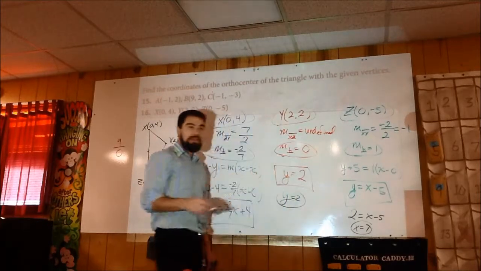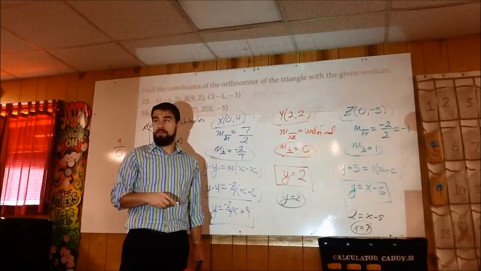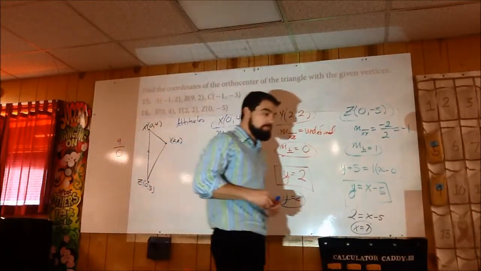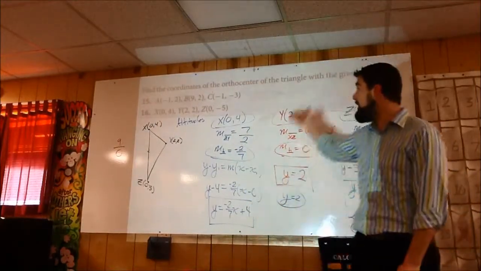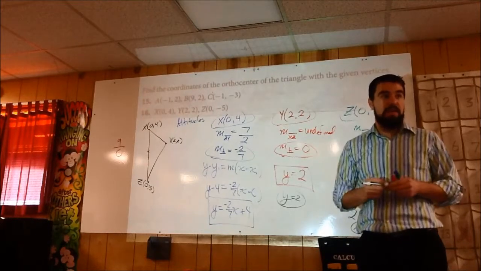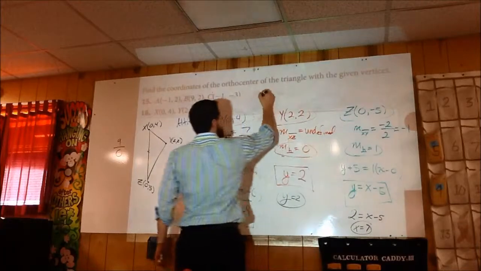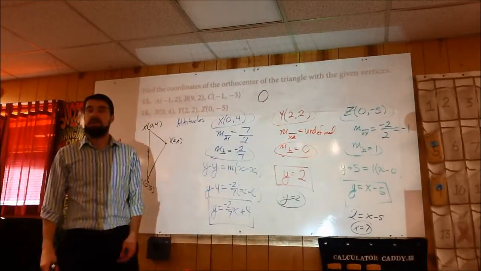Your final answer needs to be in the appropriate format. Meaning, in the end, what are we searching for? We're looking for a point, right? We're looking for the coordinates of a point. The orthocenter is a point. So your final answer needs to be in point notation. It would make sense to call this point O, because this is the orthocenter.